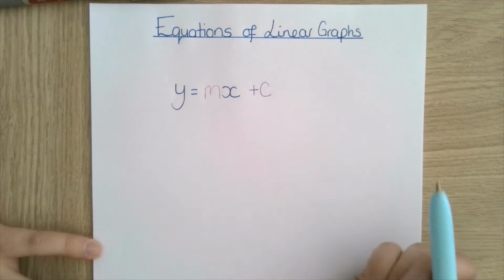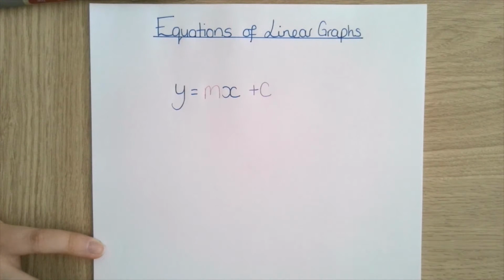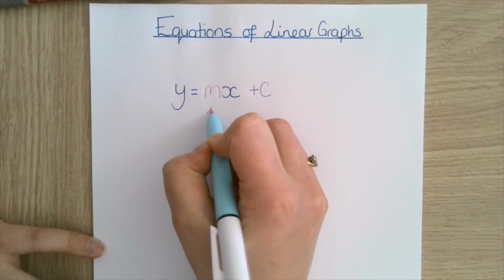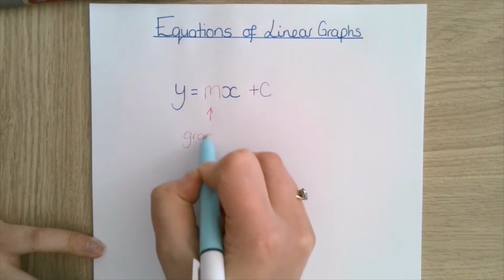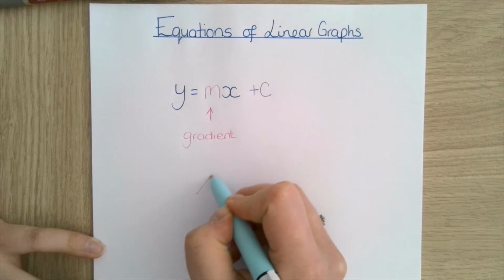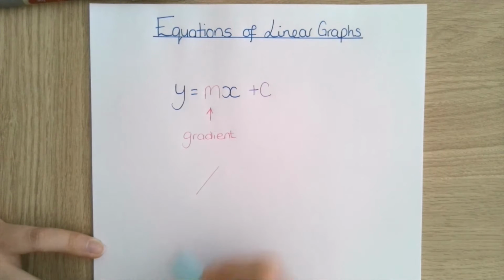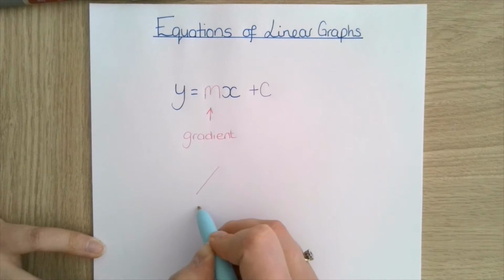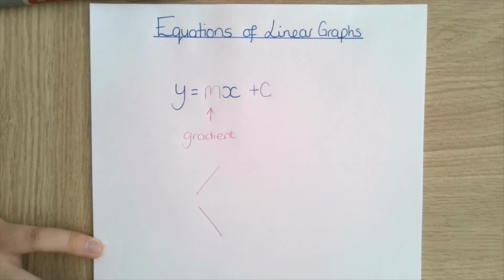So generally they're in the format y equals mx plus c, where m is the gradient of the line, and the gradient is basically how steep it is. So if it looks like that, that would be a positive gradient. Something like this is a negative gradient.